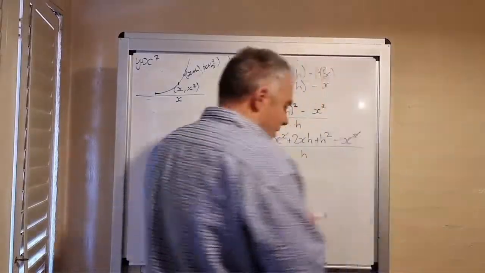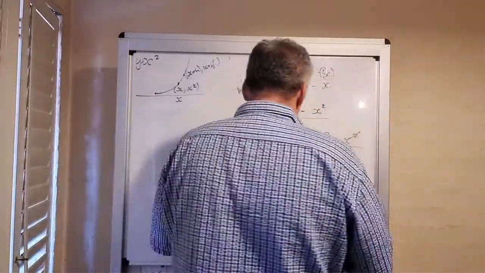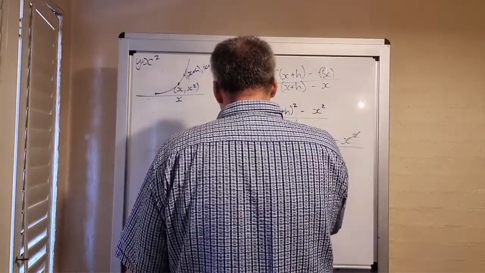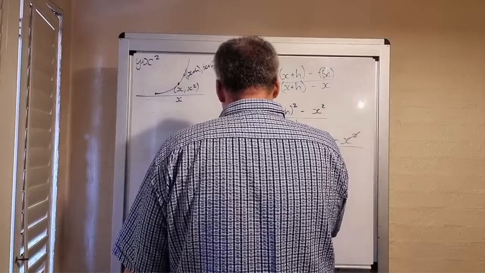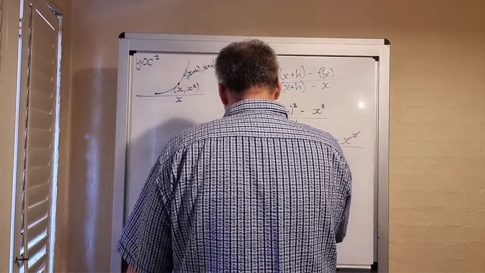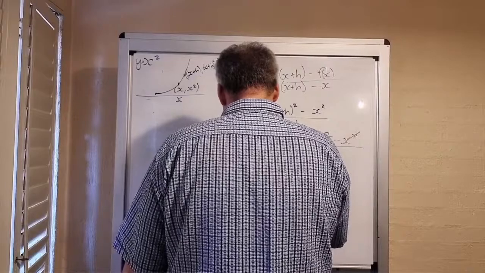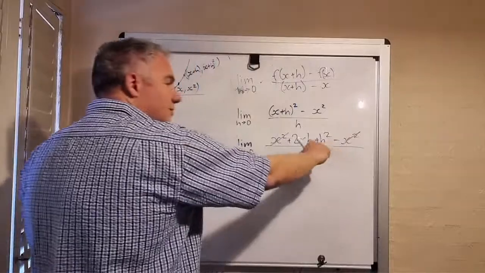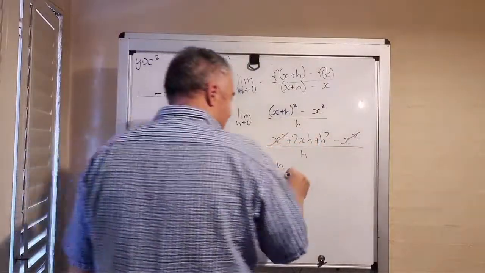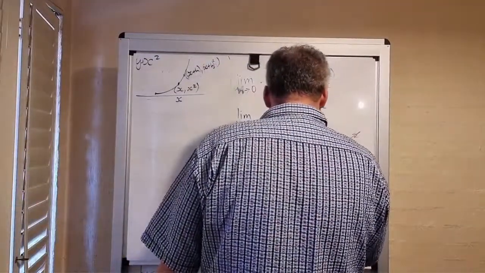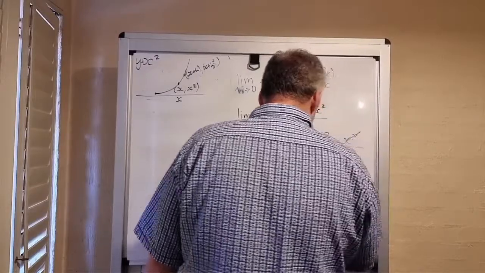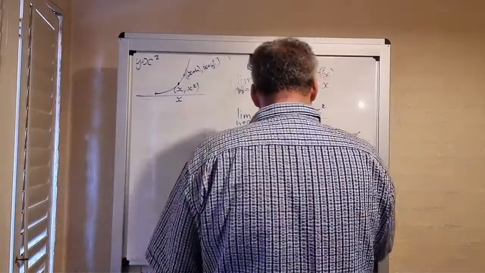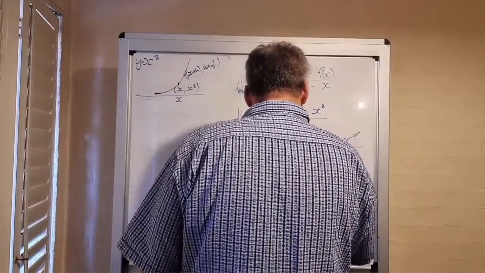Then I want to factor out my h. H, because h is in both of these, outside of 2x plus the h left over, all over h.